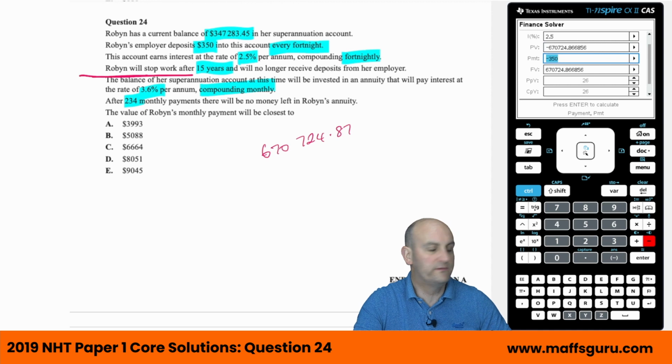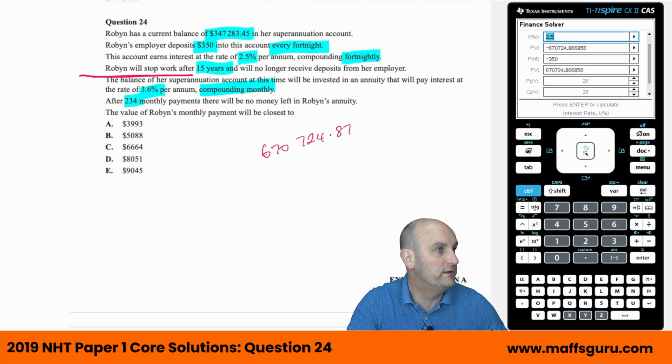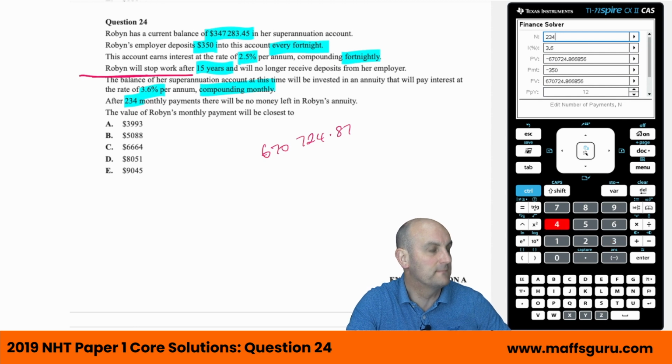And I am going to say, rightio, the interest rate is 3.6%, compounding monthly, so we're going to make that 12, and that's going to automatically default to 12. After 234 payments, the money will all be gone, which means our final value will be 0. So they've given me all the information I need.